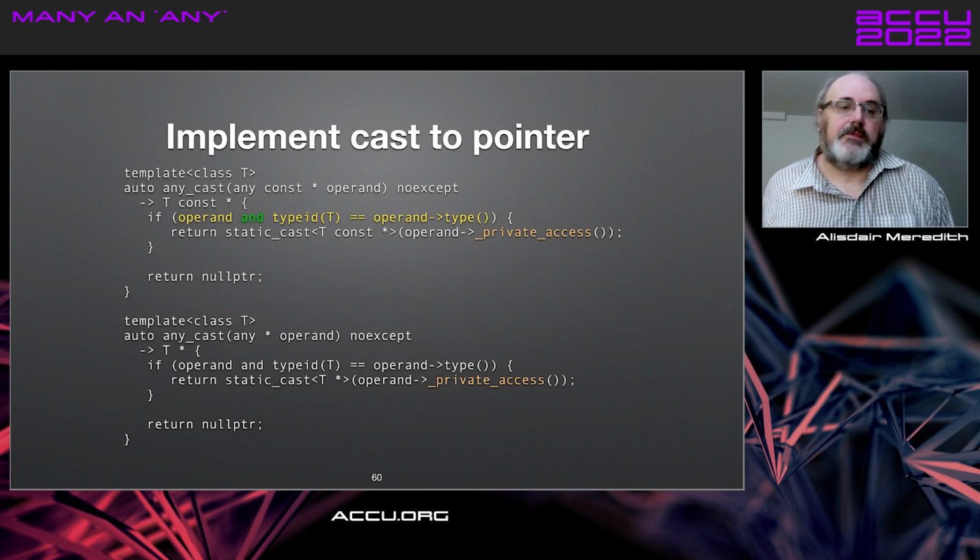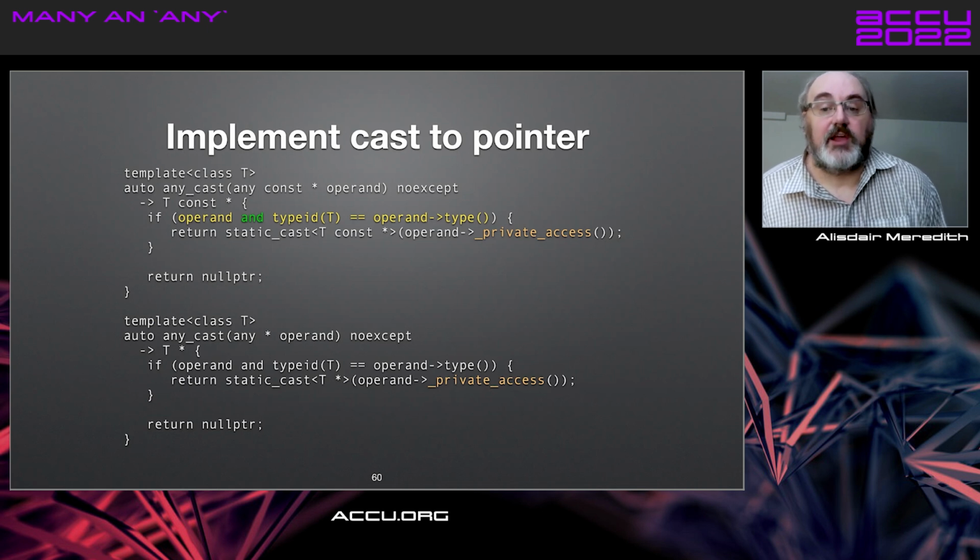So how do we implement Anycast? Which is the last part of our interface before we actually completed our any. Well, if I've got a pointer or a constant pointer coming in, so I've got to provide both overloads. If the operand is not null, and we're going to take advantage of short circuiting here so I can get a single if statement, and the type ID does match the operand's type, then I know what's in there.